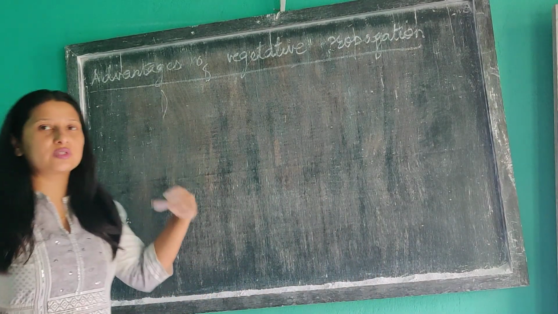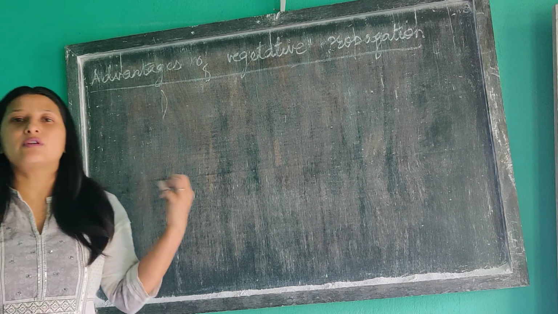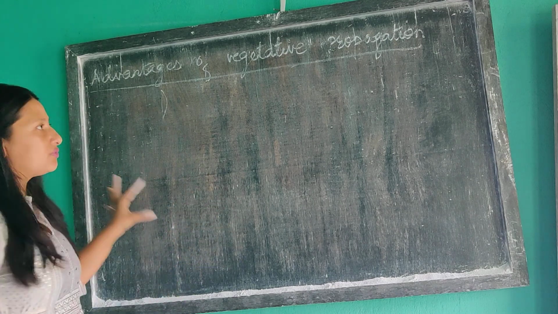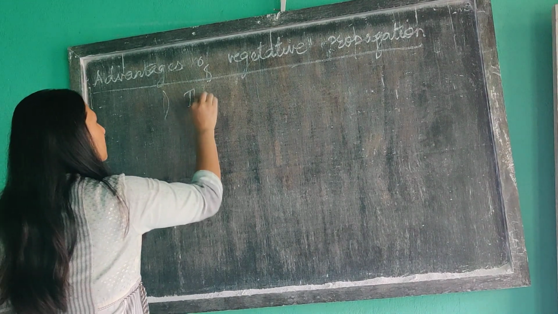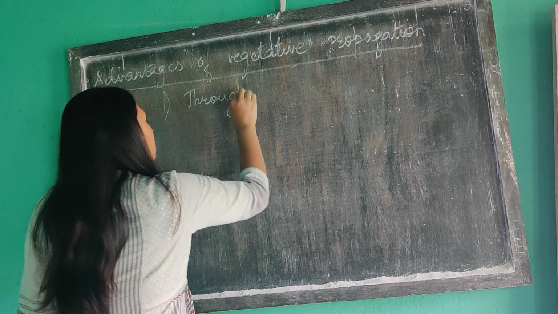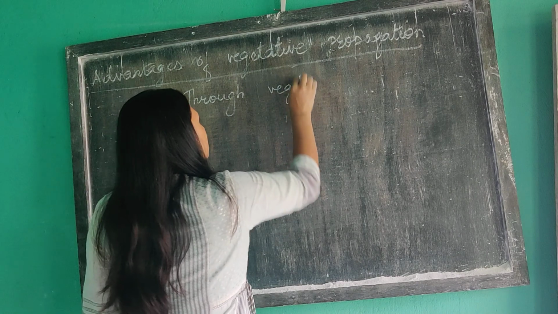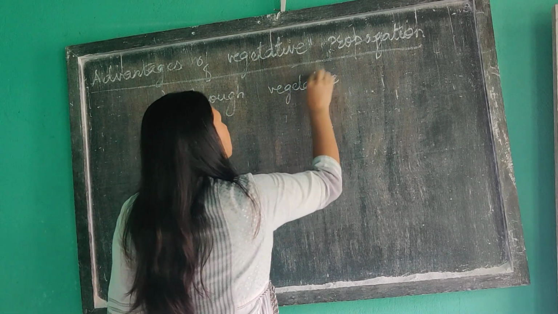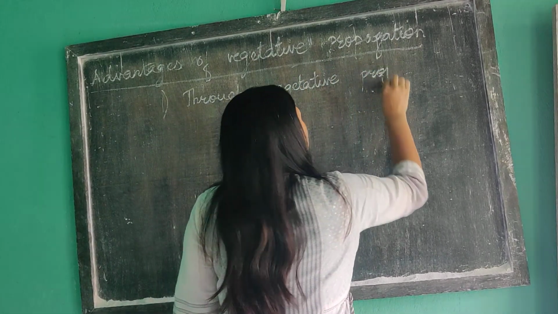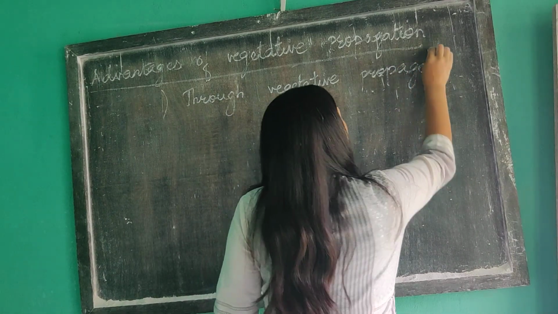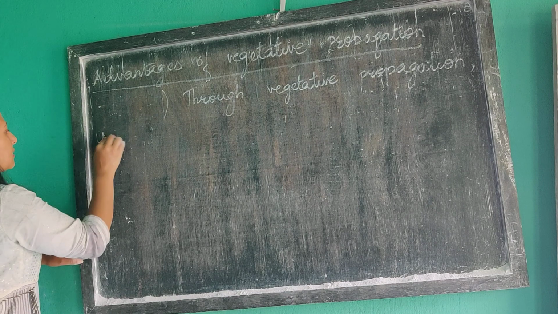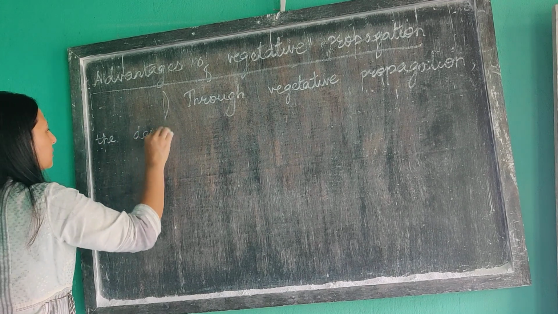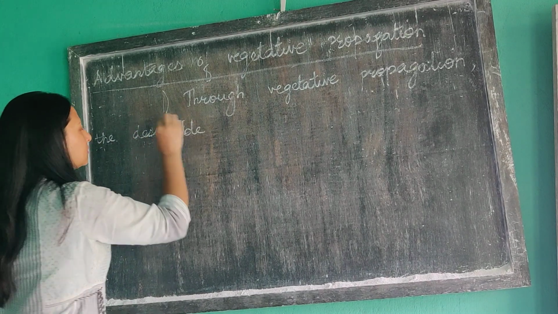So, through vegetative propagation, the desirable characters or the traits of a plant can be preserved through generations.